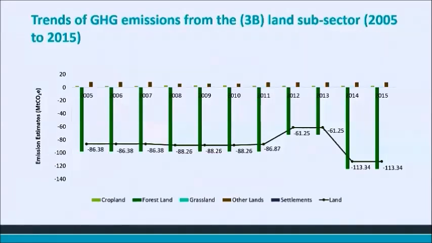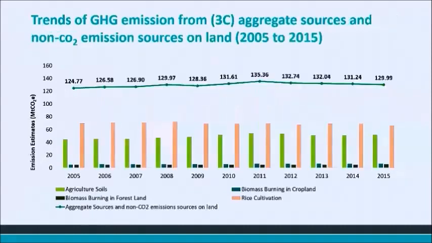If anything, if you rely on official figures, the carbon dioxide removal has gone up starting from 2014. But they've remained fairly steady through the reference period from 2005 to 2015. Next slide, please.